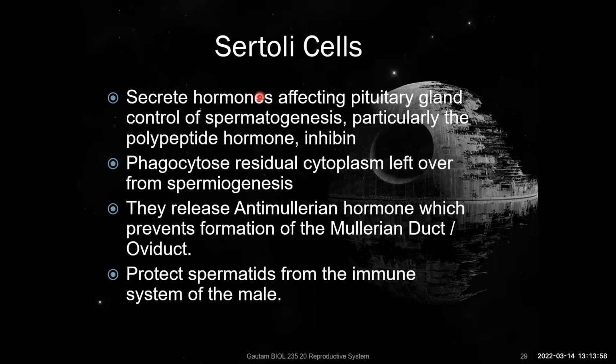They also release a hormone called anti-Müllerian hormone, which prevents the formation of abnormalities in the duct. Okay, you don't need to know more than that, at least not for our course. It also protects the spermatids from the immune system of the male by forming that blood testes barrier, which I spoke of.